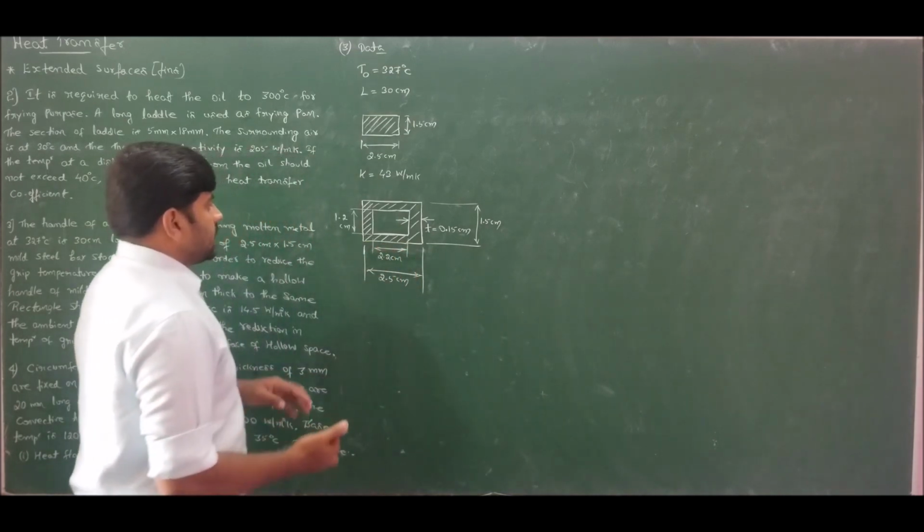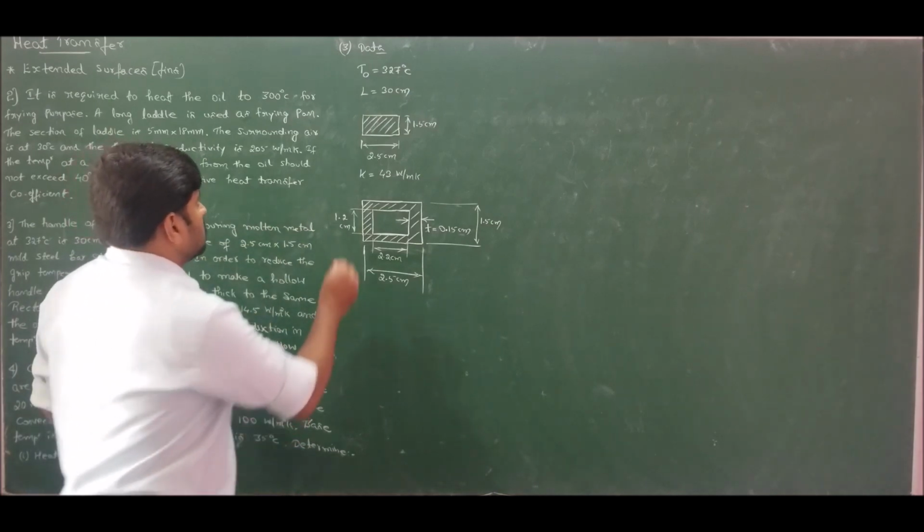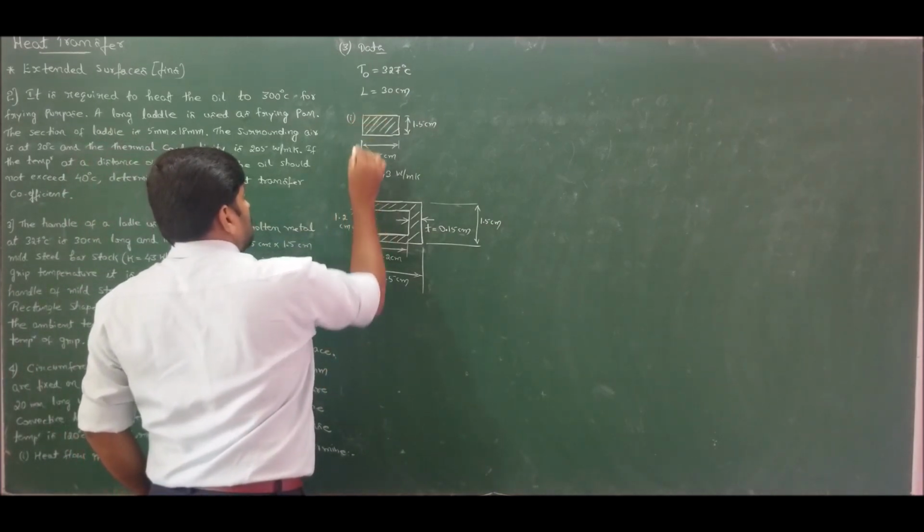So the hollow rectangular space is 2.2 centimeter cross 1.2 centimeter in case 2. So this is case 1 and this is case 2.